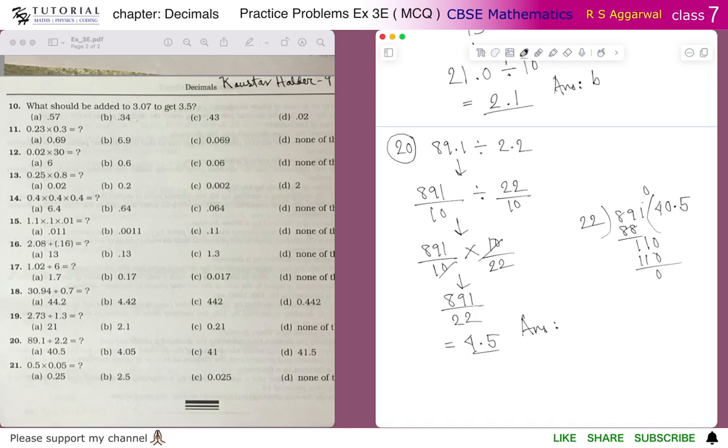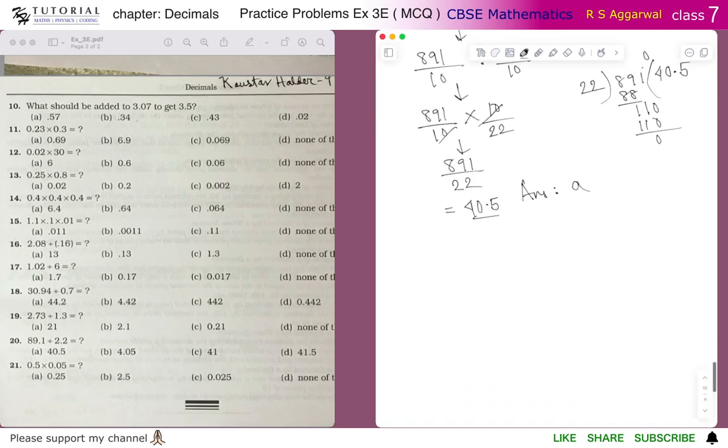We multiplied by 4, we got 88, remainder 1, and then we borrowed 1, and it was not dividing, so we had to put a 0. Okay, so 40.5. So the result is 40.5. So the choice will be A.